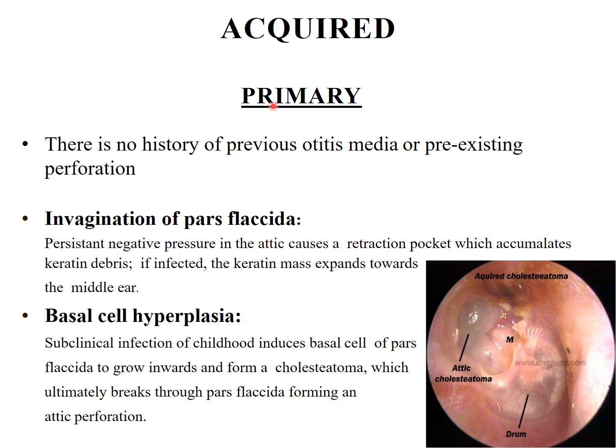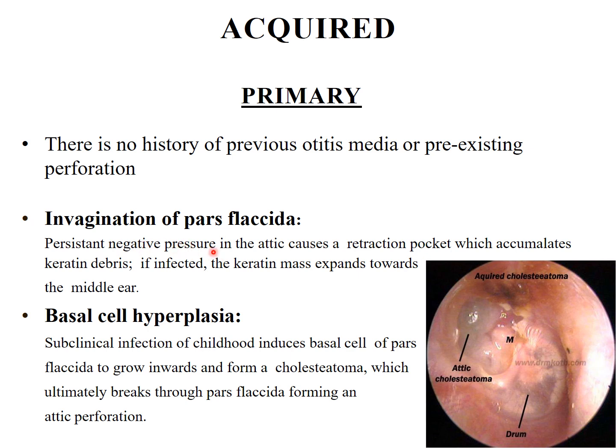Primary acquired. In primary acquired, there is no previous history of otitis media or pre-existing perforation. So in this, the invagination theory of the pars flaccida, in which retraction pockets are formed, can be there. But how do these retraction pockets occur? The persistent negative pressure, which is maintained by the eustachian tube.